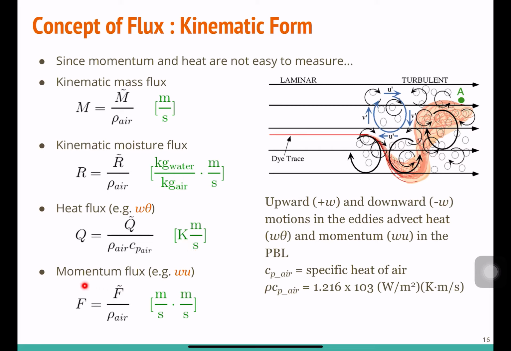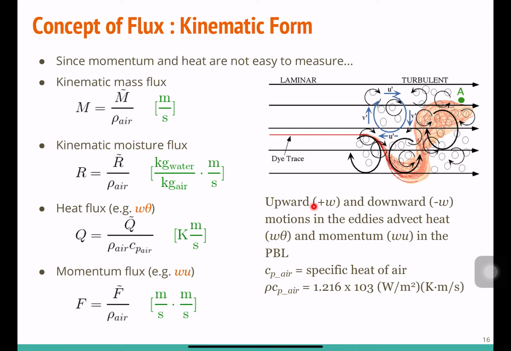And here, if we want to see the momentum flux of the horizontal wind U, the vertical momentum flux, we can just multiply the vertical wind speed and the horizontal wind speed. Okay, so the upward or downward motions in the eddies, so this W is the vertical wind speed.